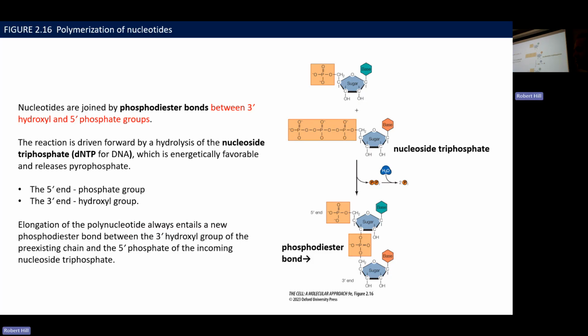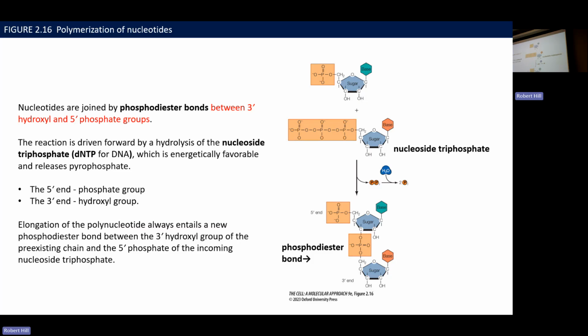How does polymerization occur? Through the production of these phosphodiester bonds. That bond is very energetically unfavorable, so you need to have a way of providing energy to it. And the way that's done is the availability of these things called dNTPs, deoxynucleotide triphosphates.